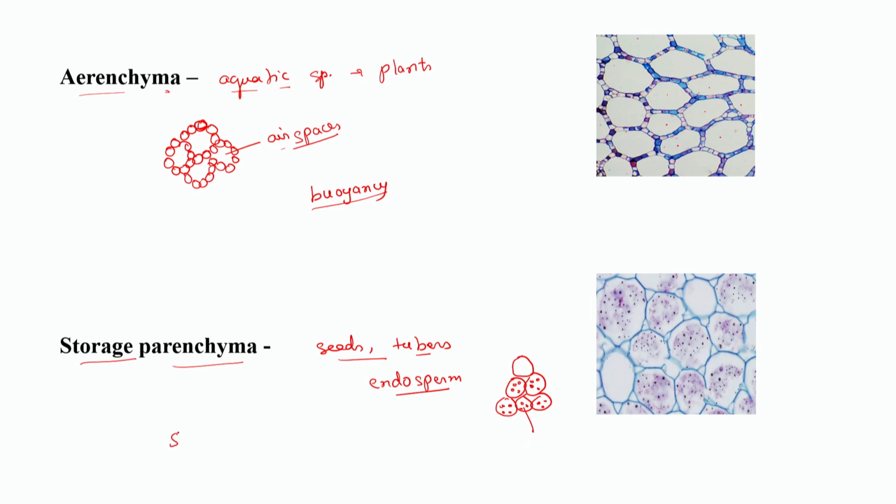Like starch could be there, then oils, or many a times tannins and many other things could also be stored. And their walls are generally thick, and that is definitely due to presence of hemicellulose. Many parenchyma of petals and flowers contain chromoplast. That also is many a time stored, so they give color to the plant.